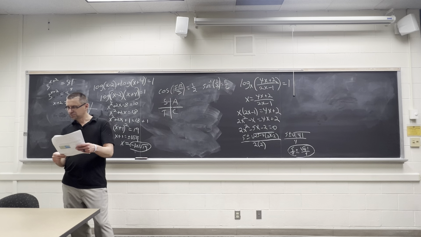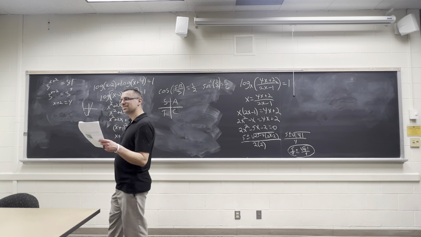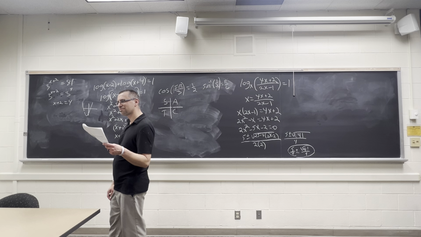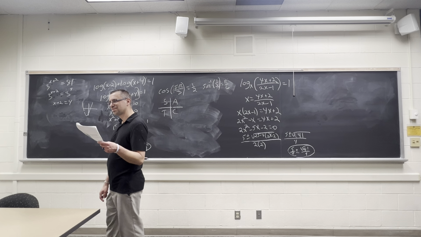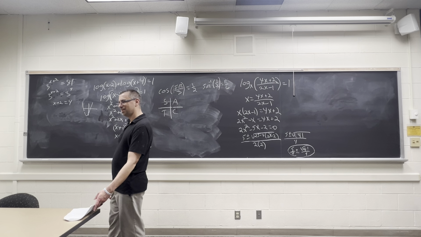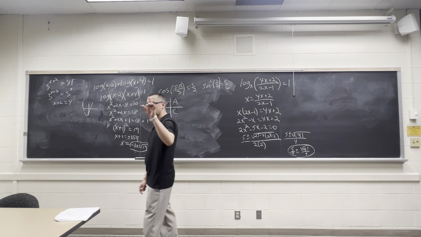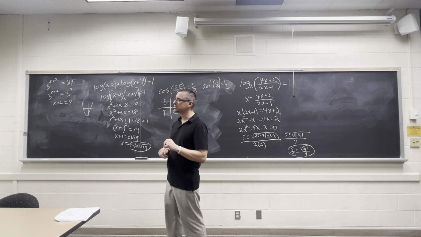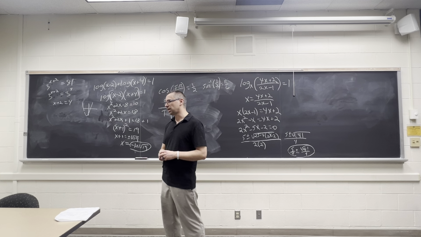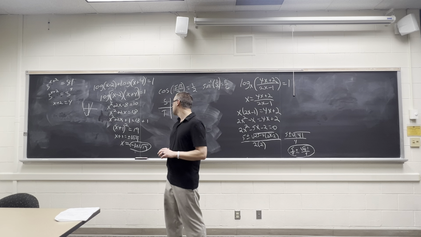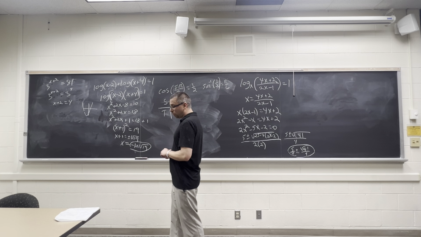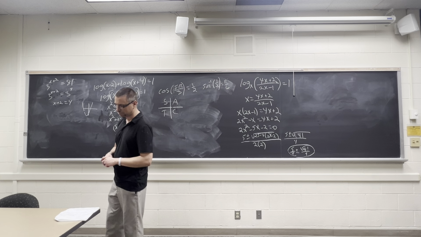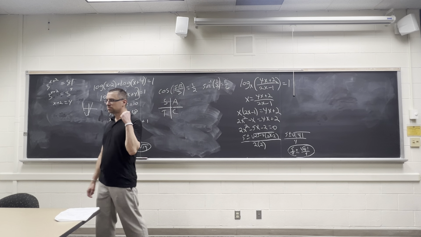And how about secant of pi over 3? So how do you find secant of pi over 3? Secant, isn't that just the opposite of cosine? It's the reciprocal, right? So you just flip it. Secant is the reciprocal of cosine. So what is cosine of pi over 3?